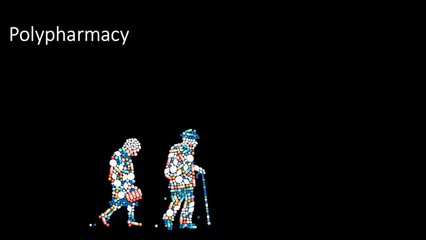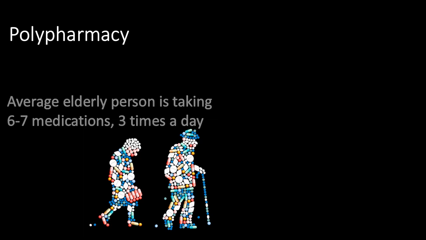Polypharmacy, as you know, is taking plenty of drugs by one single patient. As you might already know, an average elderly person is taking anywhere between 6 and 7 medications 3 times a day. They have been prescribed very often by different doctors for different ailments.